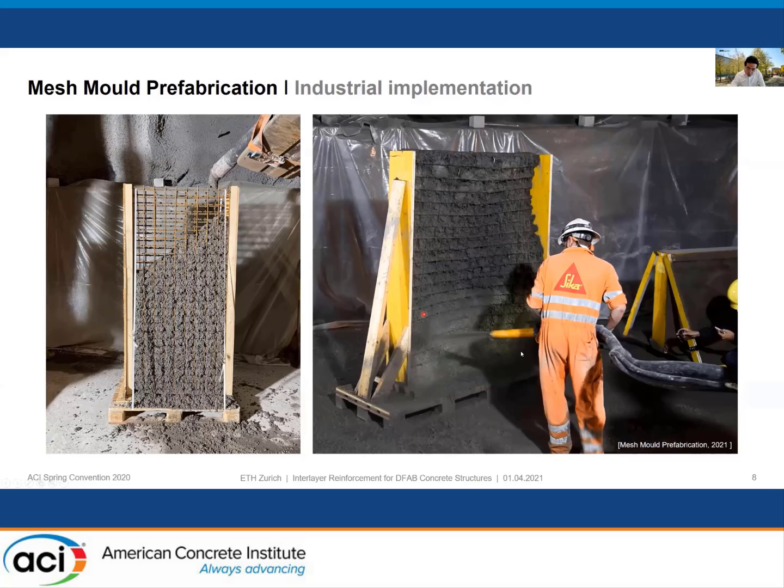Then you see that we are spraying, and we are performing structural tests. I think the behavior is quite similar to a conventional structure. We still have to see about the bond, because we have the reinforcement in between the core concrete and the spray concrete, to see if we have exactly the same bond or slightly less bond than in a conventional structure.